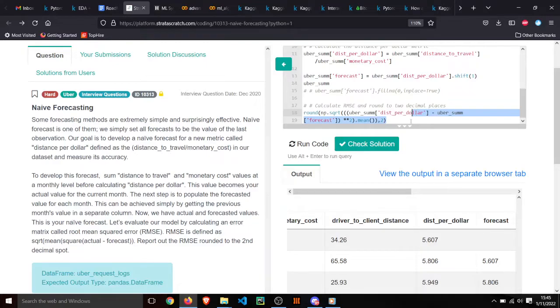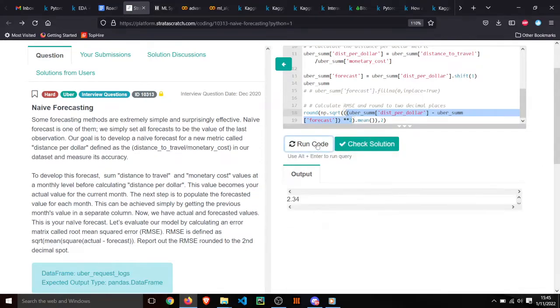So we use this formula: we take the distance per dollar minus the forecast, square it, which gives the squared error for all the rows, and then we take its mean. After taking its mean, we just take the square root, and this is what we get, 2.34. So this will be our answer.